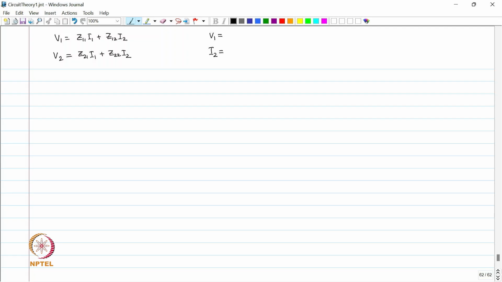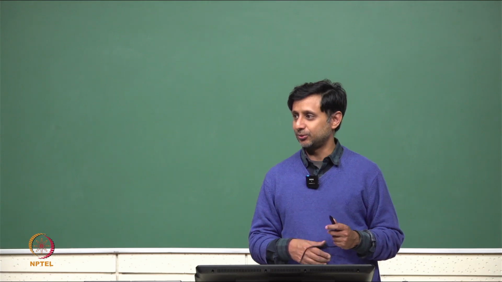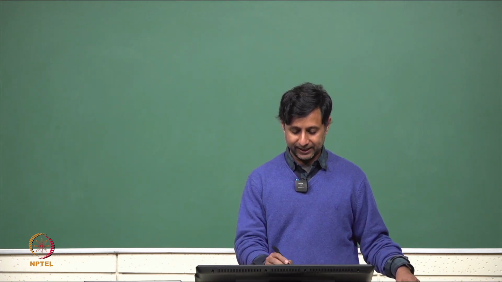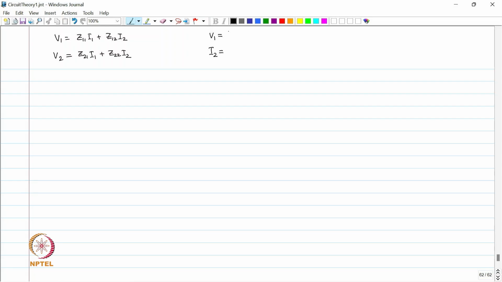You will be able to find it with some simultaneous equations, use substitution, whatever works. You should be able to find V1 and I2 in terms of I1 and V2.